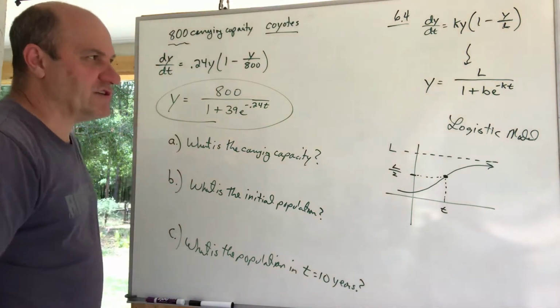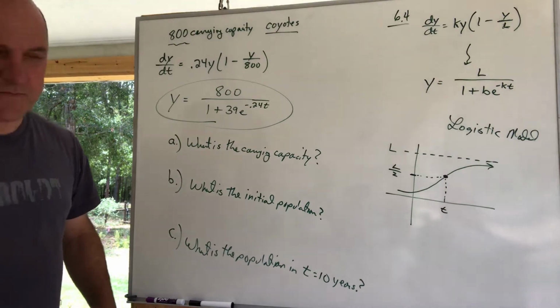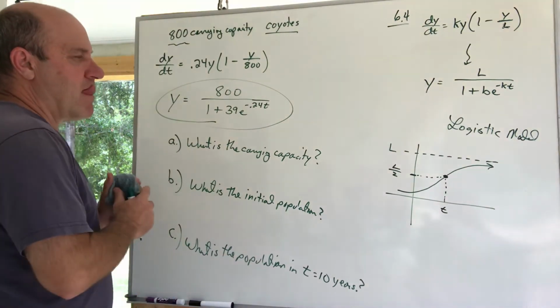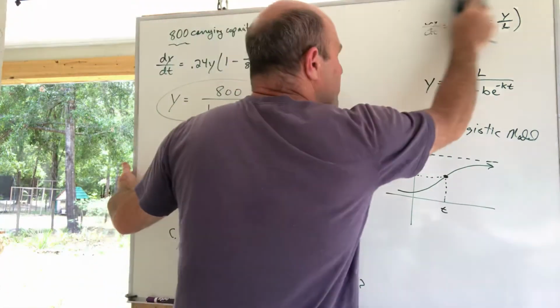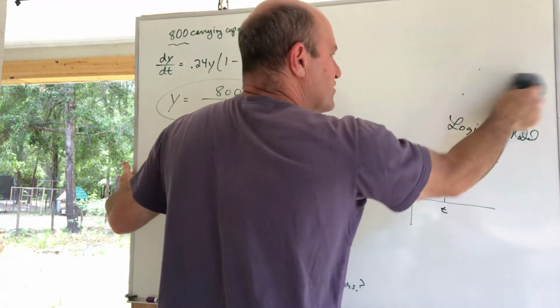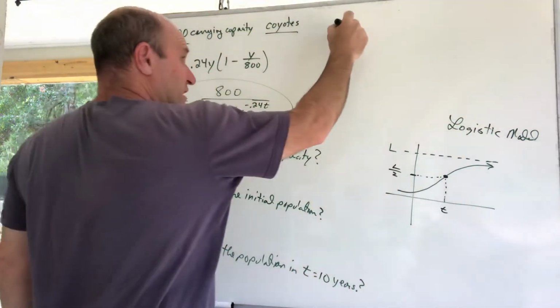And there's one more question, part D. Okay, this is 6-4, the logistic model.